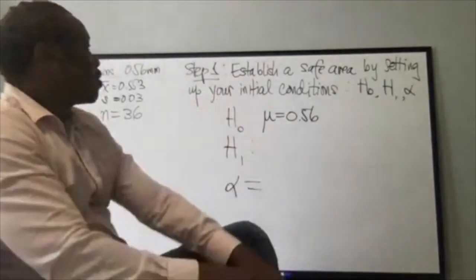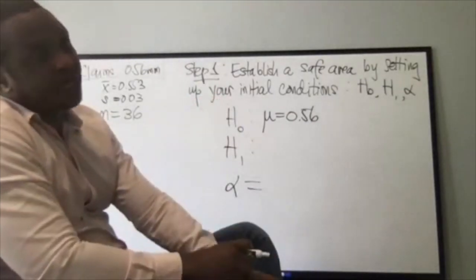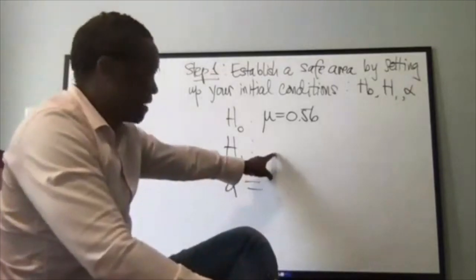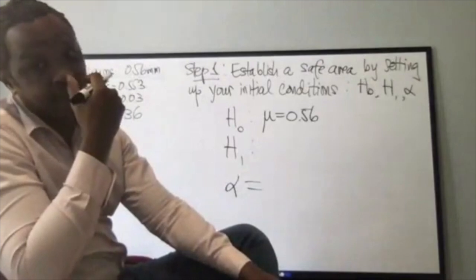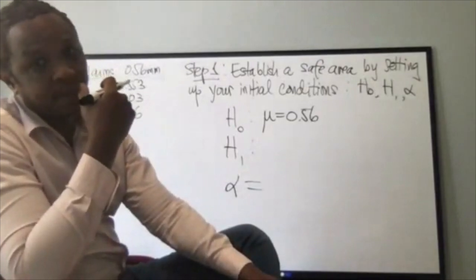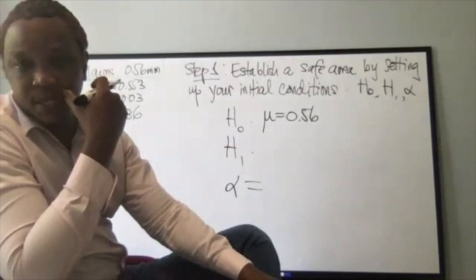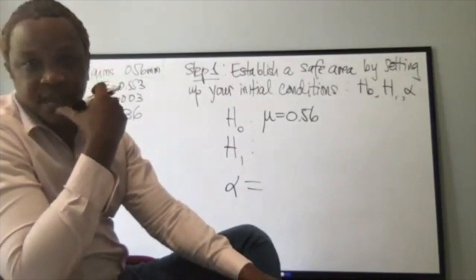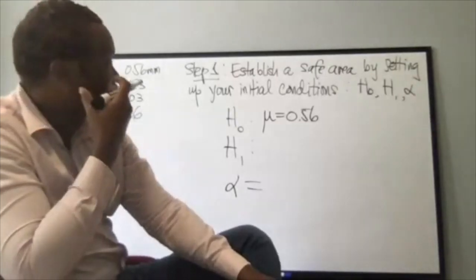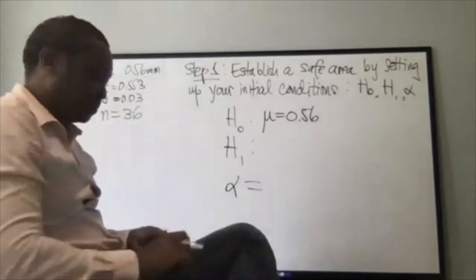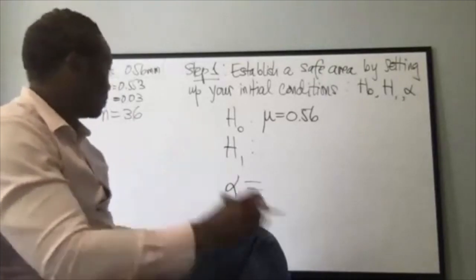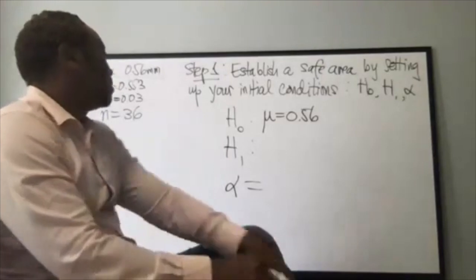Okay? What's your definition that we wrote for H sub 1? What do we have to write here in terms of H sub 1? It's a competition, like a boxing match. Based on what we wrote for the definition of H sub 1, what is H sub 1 in terms of an equation? Look back at your notes and see. Yeah, the opposite of H sub 0. Okay, good. And so in this case, if H sub 0 is mu equal to 0.56, is it negative 0.56?